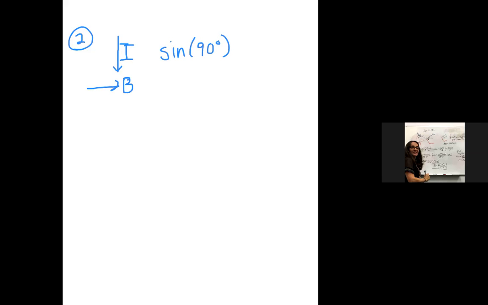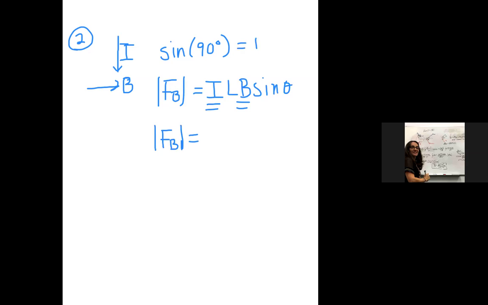So the magnitude of the force is equal to I times L times B times sine of theta. Remember that theta is between the current and the B field, so that's going to be 90 degrees, and sine of 90 is 1. So the magnitude of this force is I times L times B.